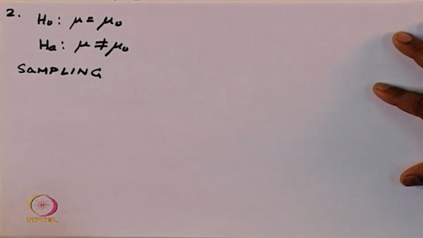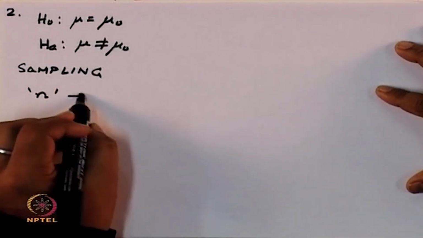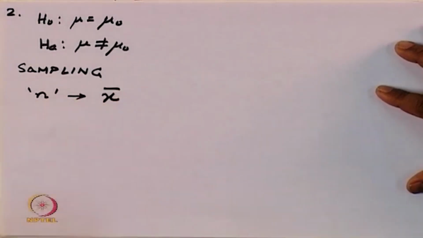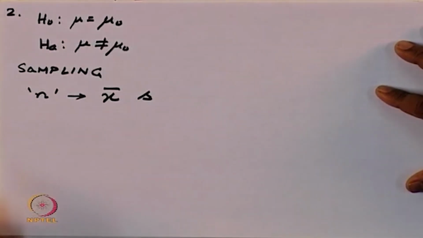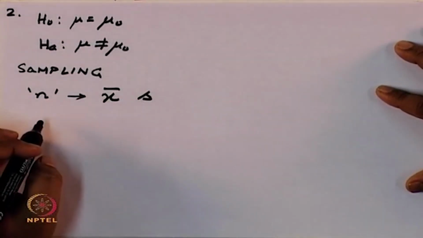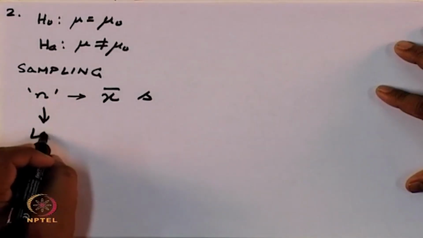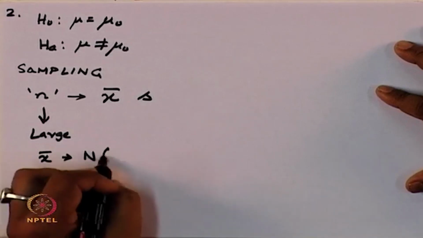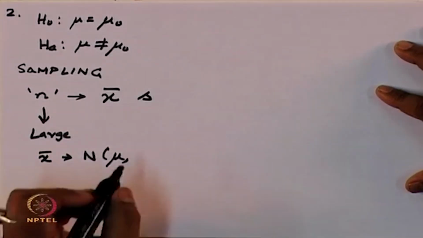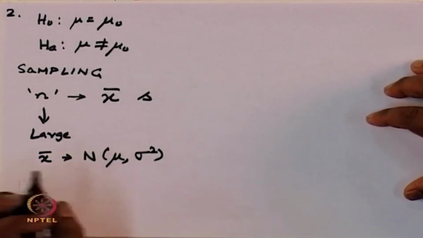Let us say from the population you draw a sample of size n, and based on this sample you calculate the sample mean x bar and the sample standard deviation s. What you know from the central limit theorem is that if your sample size is large, then x bar follows a normal distribution with mean mu and variance sigma square if this was the population.